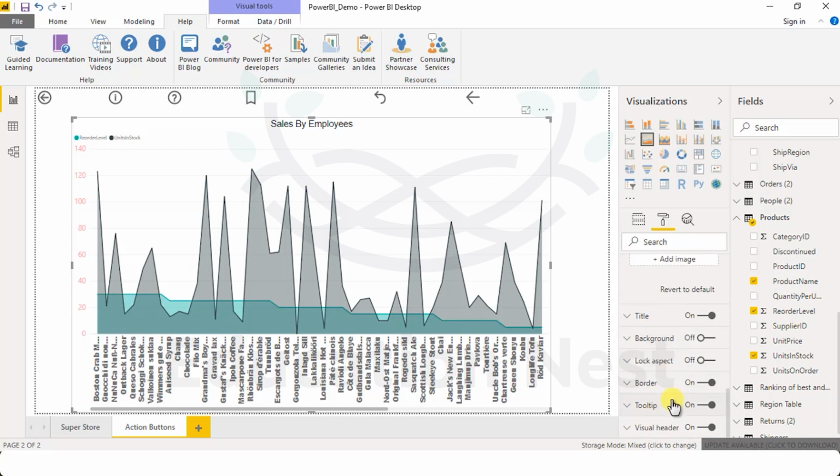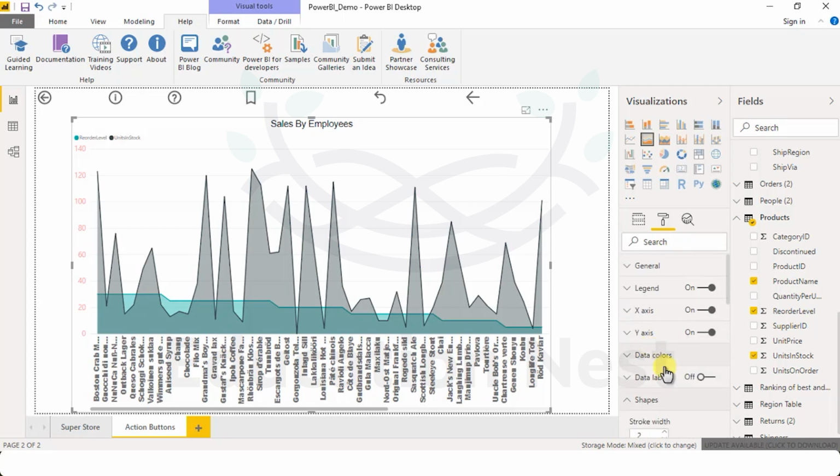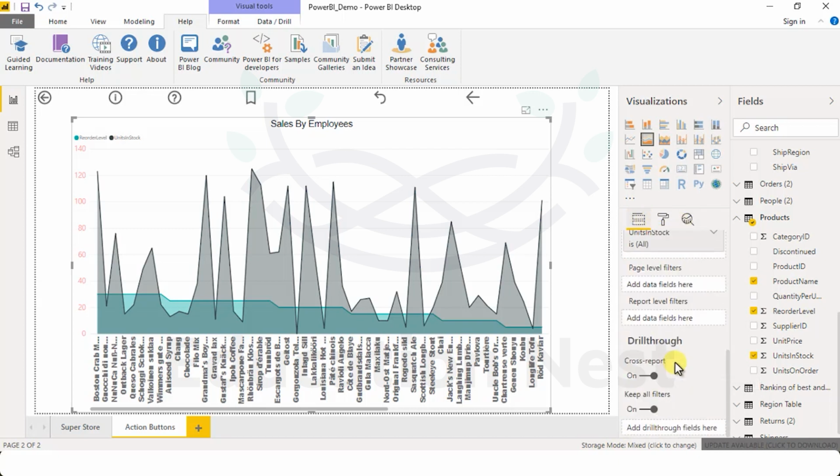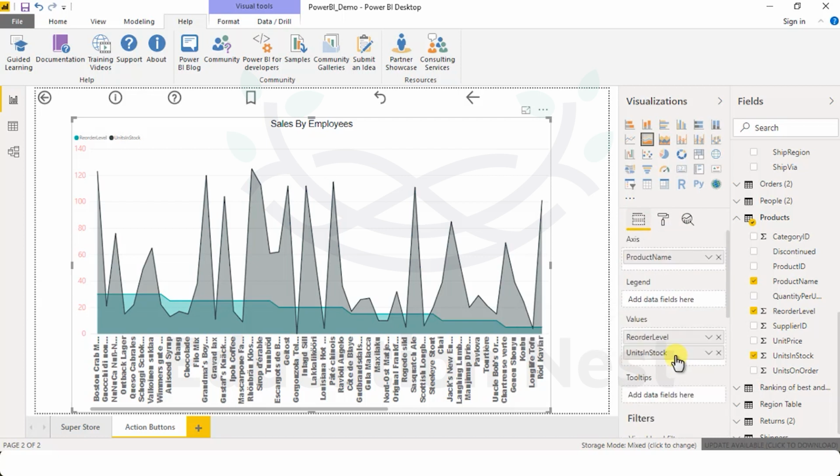Title, border, tooltip. Do you want to see? Data colors, we've seen it. Legends is okay. No, we don't have that option. So this is the value what we see in area chart.